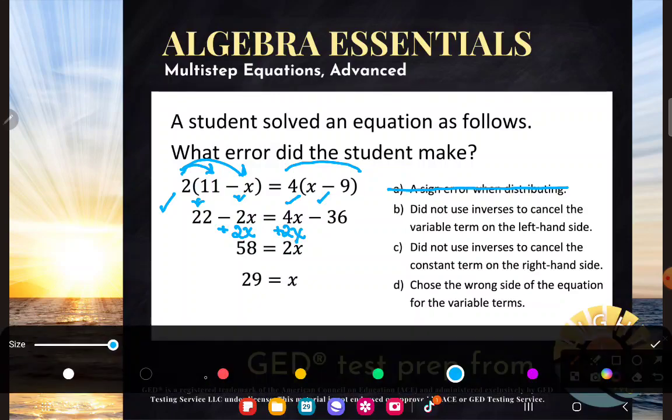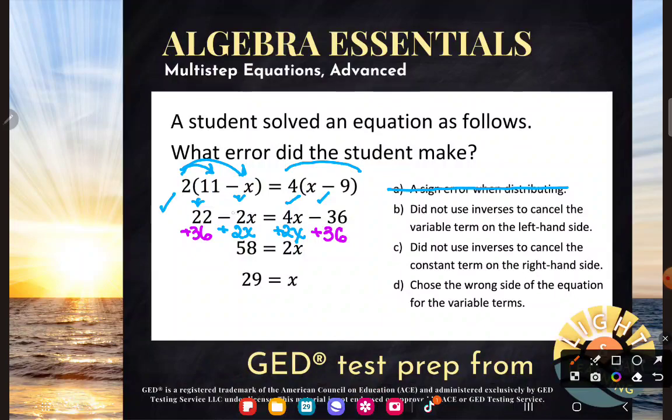Now, they didn't only move the x's, they also moved the constants over to the left-hand side, so I will do that. I will take this constant, the minus 36 on the right-hand side, and move it over to the left-hand side. And I'm going to do it at the same time. It's okay, guys. Breathe through it. Let's see what would happen if we do this.